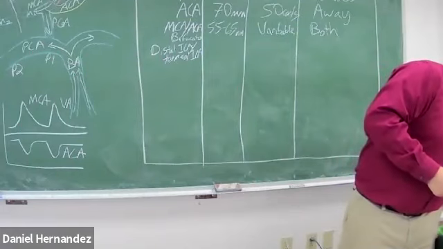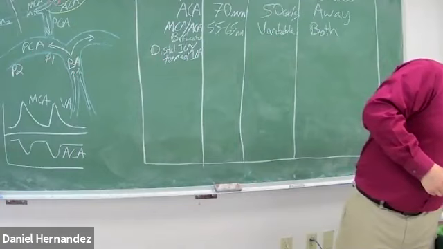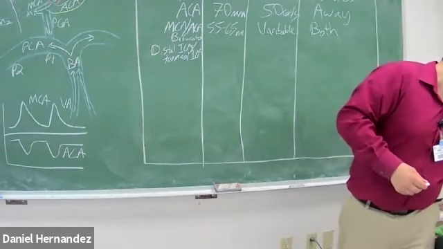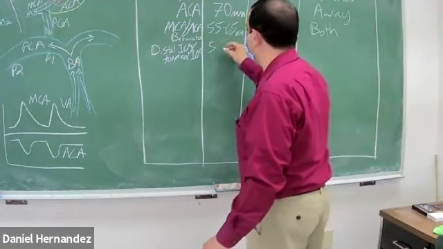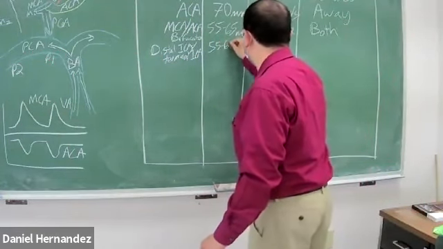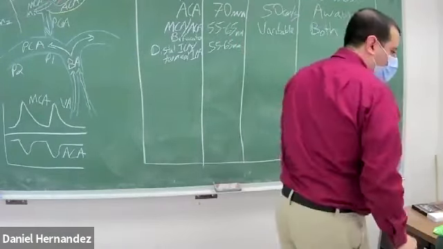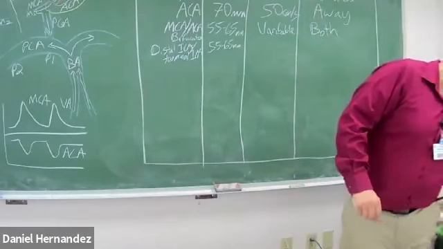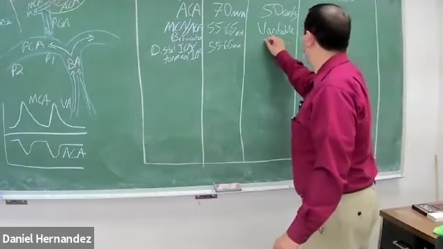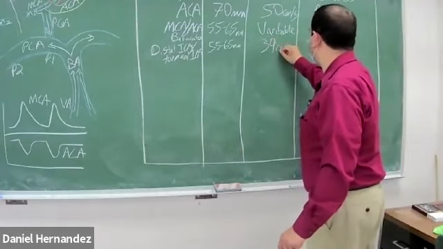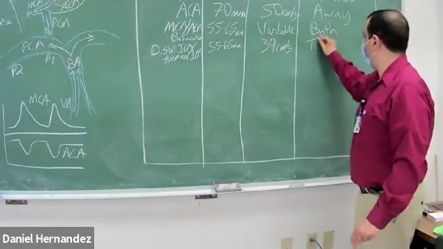So this is going to have a depth of 55 to 65 as well. We'll have a mean velocity of 39 centimeters per second. And this is going to be towards.